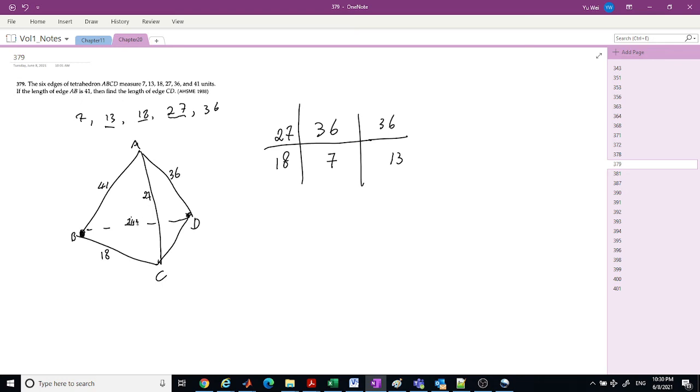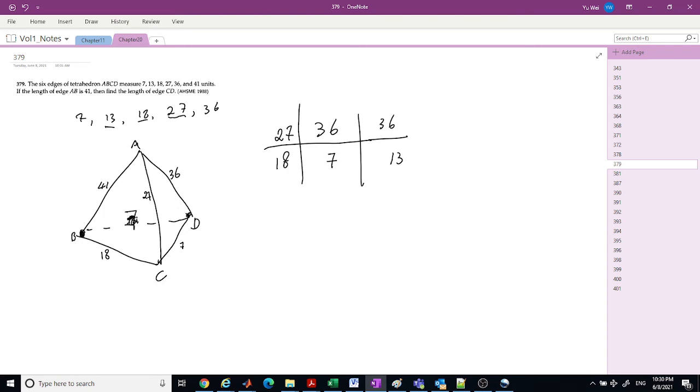Okay, so if this is 7, okay, so if this is the 13, right? And then this will be 7, right? So then 7 plus 27 is less than 36. Okay, so this one cannot be 7.